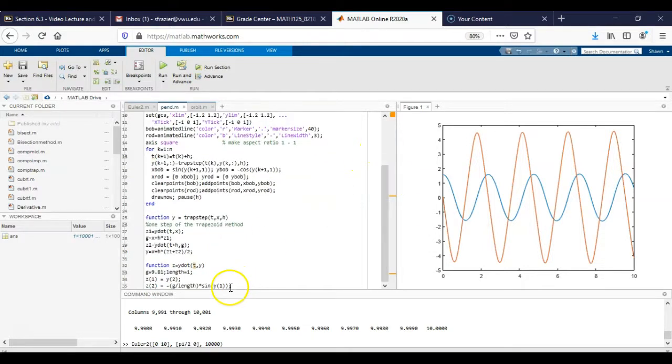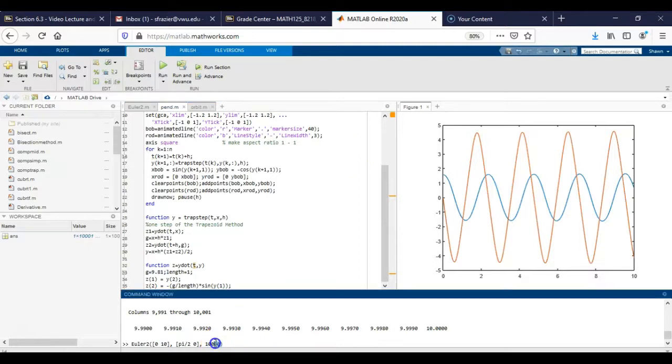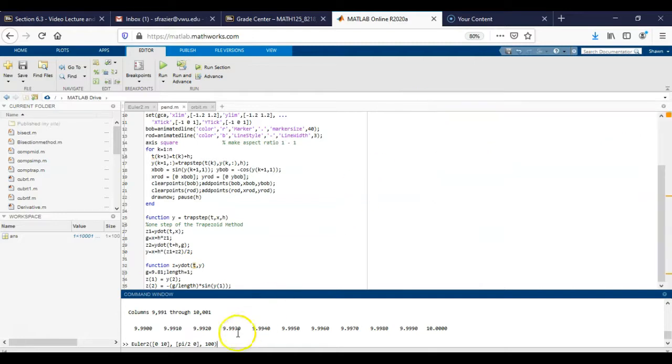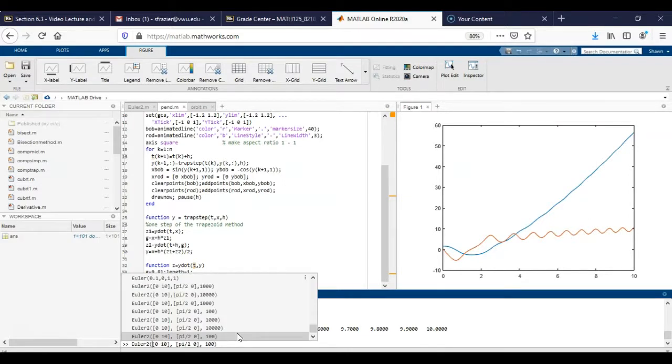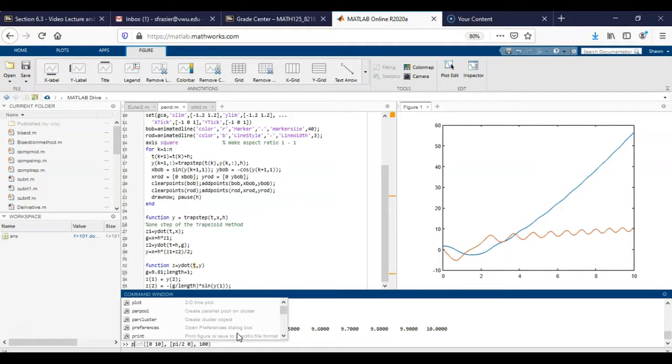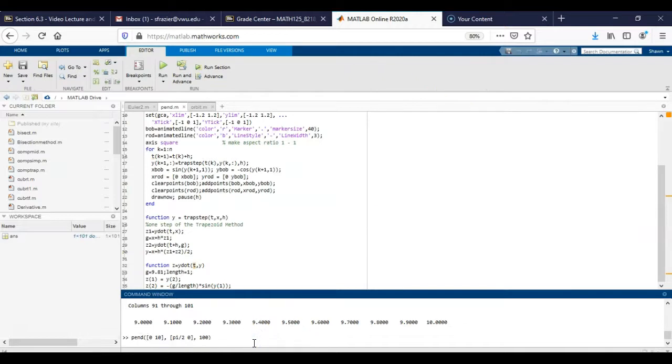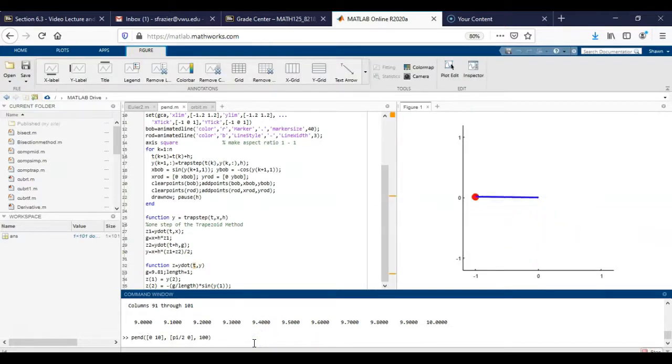So let's look at what this thing's doing with 100 steps. This is the pend function, P-E-N-D. Okay, pretty cool animation.